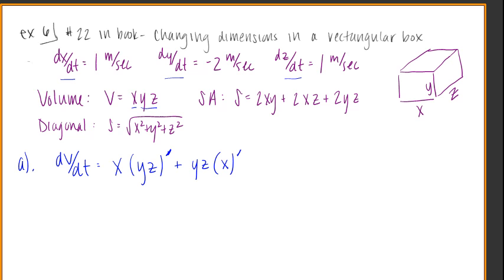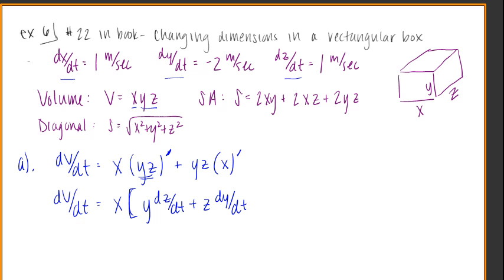Okay, now let's expand this out a little bit more because we're going to have a product rule inside of the product rule. So first times the derivative of the second, and it's a product, so now inside of here we have first times the derivative of the second plus the second times the derivative of the first.